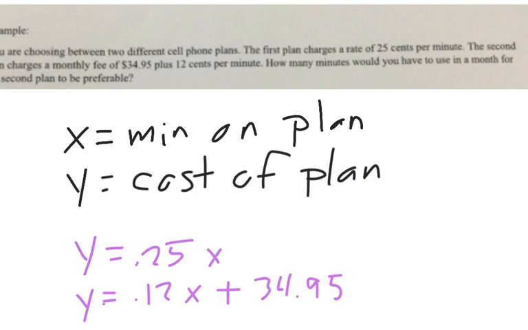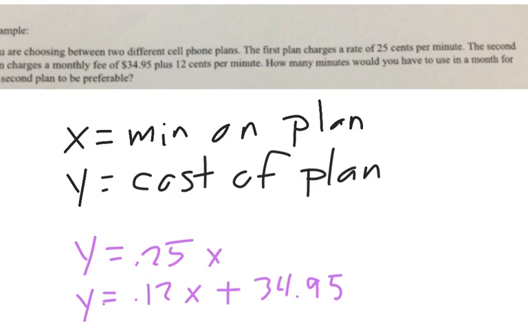So which plan starts off cheaper if I don't use my phone much? This one's cheaper initially, right? If I talk for 4 minutes in a month, it's just going to cost me $1. Or if I talk 4 minutes here, I'm still paying $35 to have the phone, and then 12 cents for those 4 minutes. So if I'm going to be on the phone just a little bit, this one is going to be the better deal.